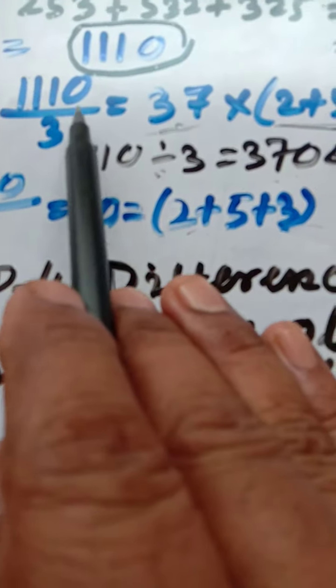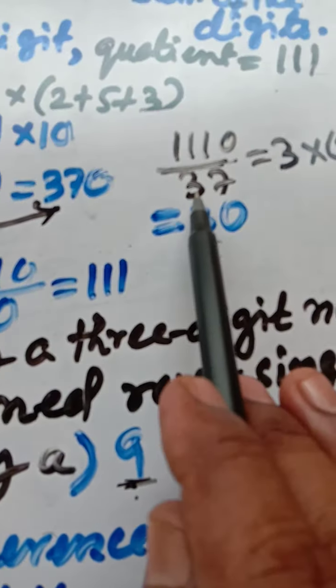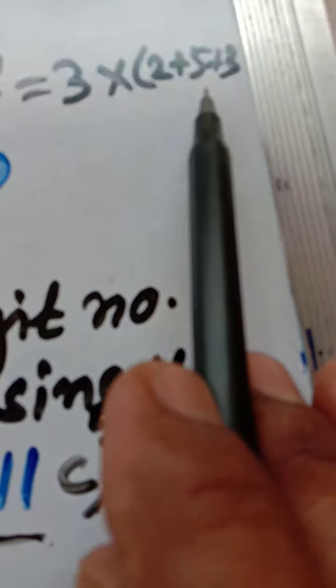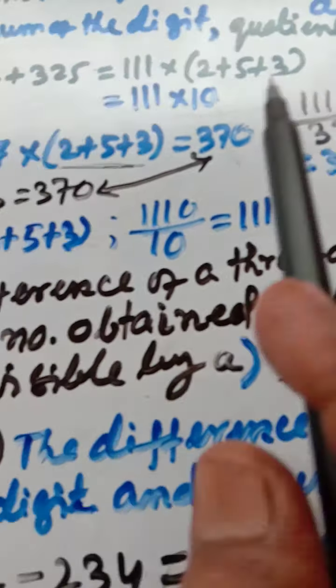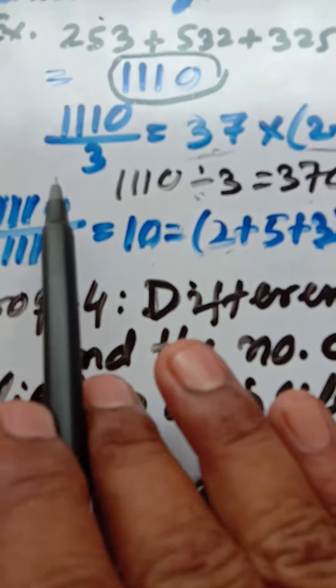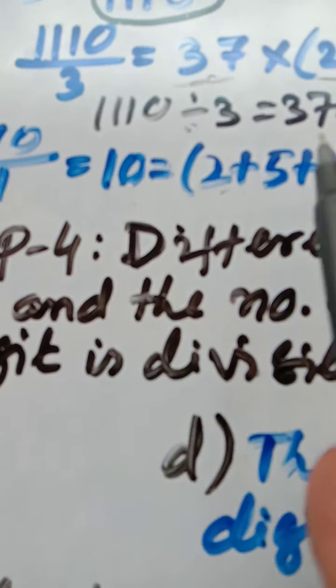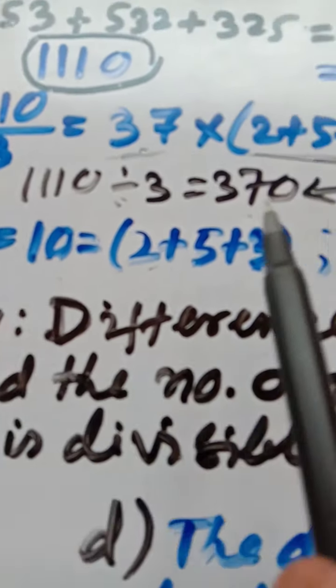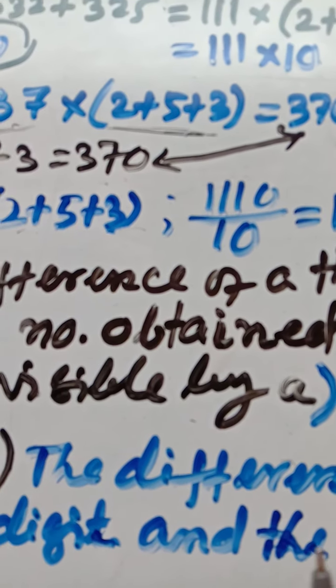Dividing by the sum of the digits gives 111. That is what the property is all about.